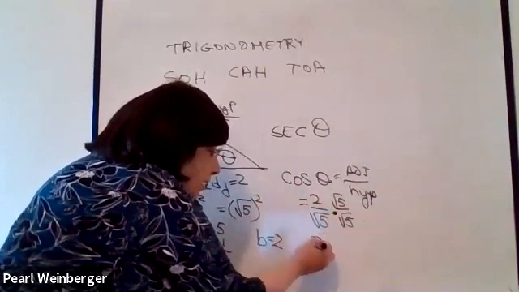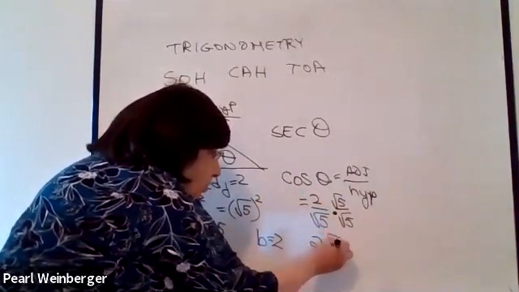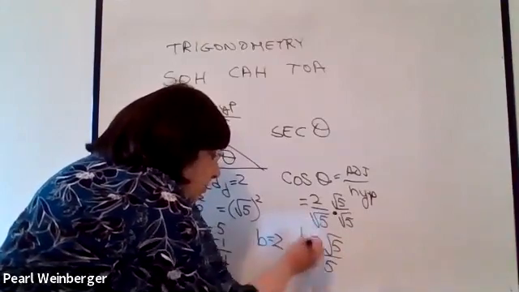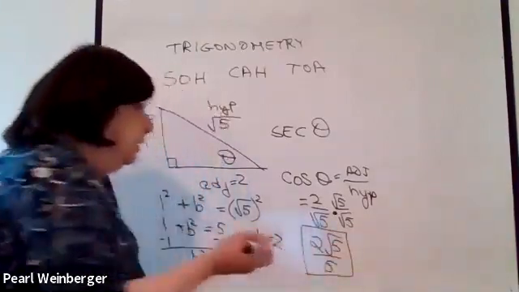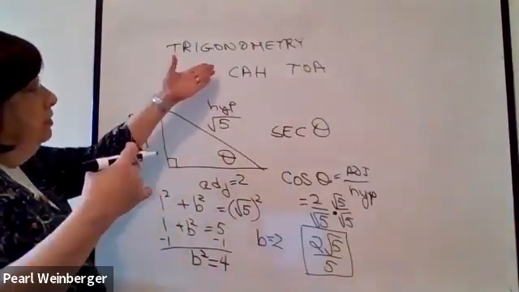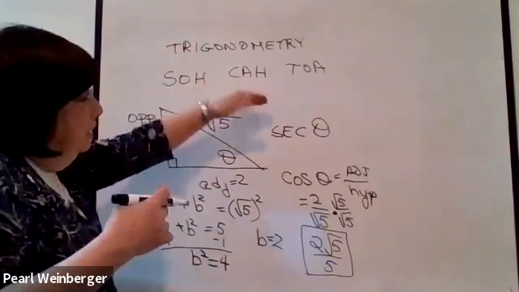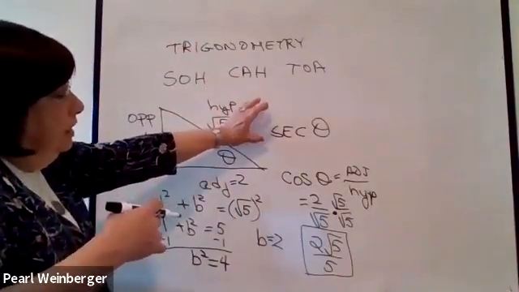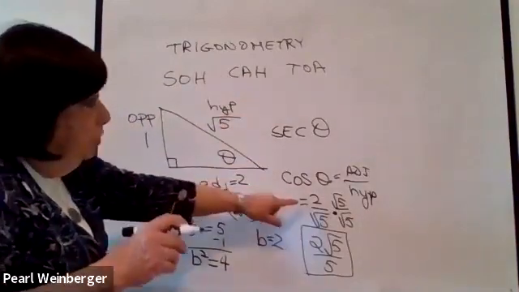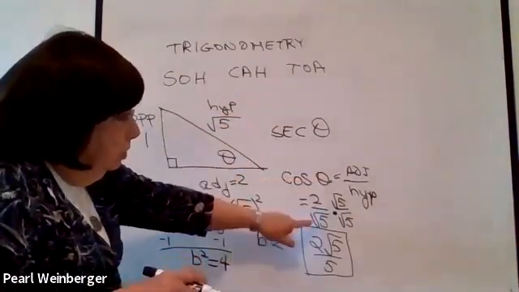So that my final answer becomes 2 radical 5 over 5. So that's how I do this problem. There's only one step further than finding the cosine.